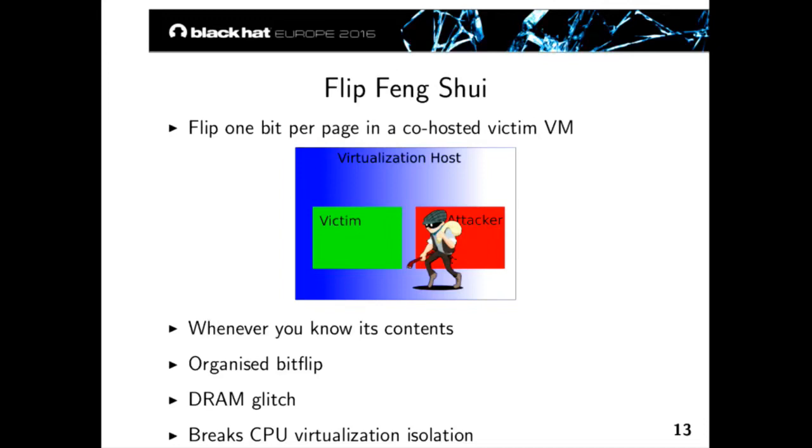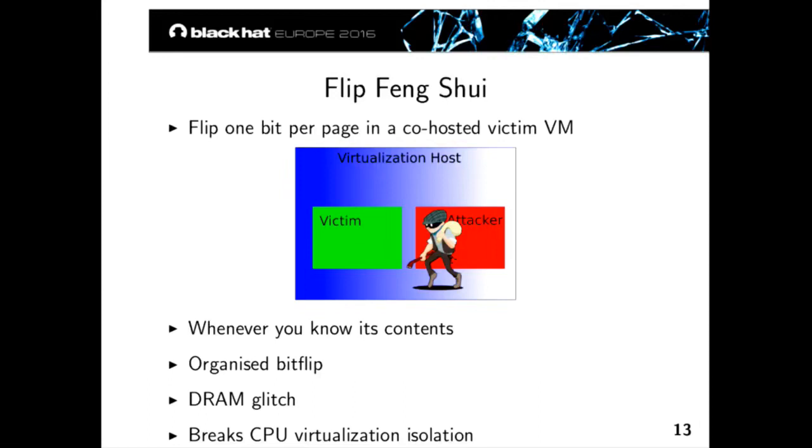So what you are going to be able to do is, if you know the contents of a target page in the target VM, you're going to be able to flip one bit, almost any bit, in that target page. So it's a 1-bit write primitive in a page you know the contents of. So this goes some way to explaining the name.